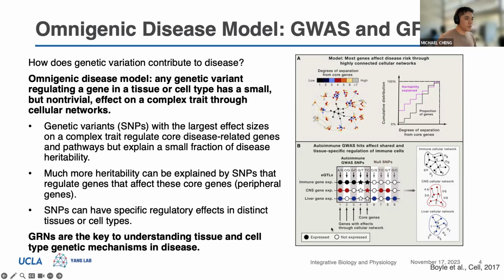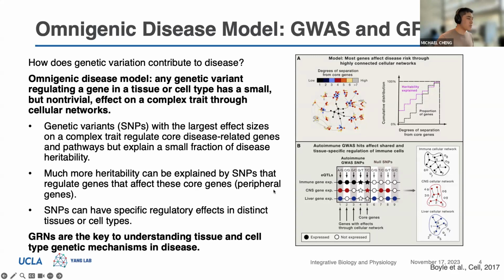This small graphic here from the paper shows that each tissue has a different gene expression profile, yet the same SNPs from the genome-wide association studies can show different implications on these genes. And this does seem to make intuitive sense as well, given the heterogeneity of biological systems.